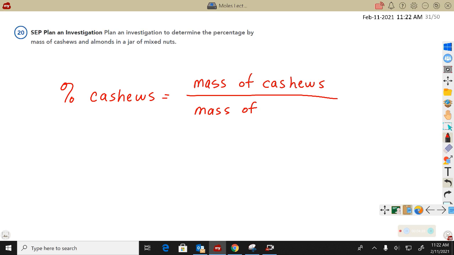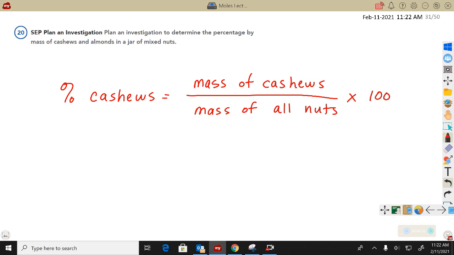Maybe I'll say by the mass of all nuts times 100. So I'd have to pick out all the cashews, take their mass, then I'd have to add them back in and find the mass of all the nuts, and then divide.